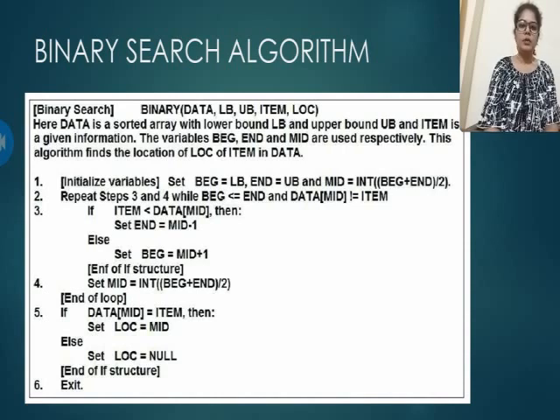Now step number 3, what we have to do in each step. In every step we have to compare our item with the mid. See how it works. Third step is, if item is less than or equal to data mid, it means the item must be in the left portion of the list.